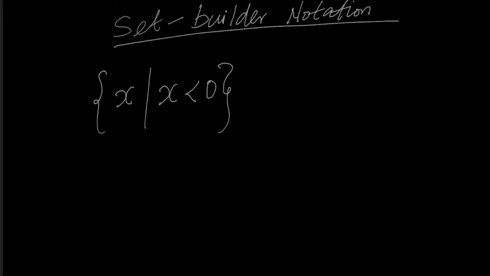Set builder notation. What is set builder notation? This you are seeing here now, curly bracket x slash x less than 0, then curly bracket. This is a notation for a particular set. We already know that this curly bracket is used for set. What is the meaning of this first x? This represents all the elements of the set we are describing with this notation.